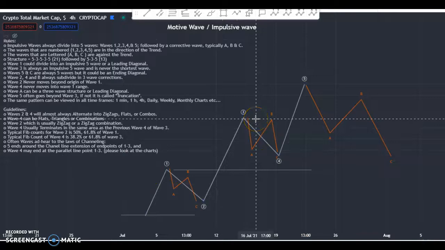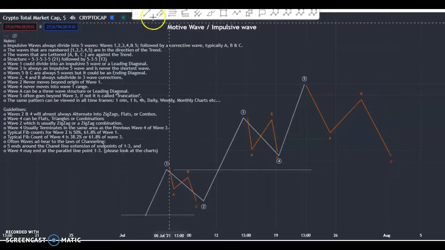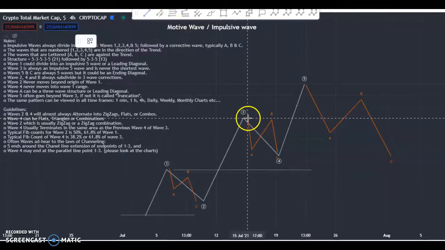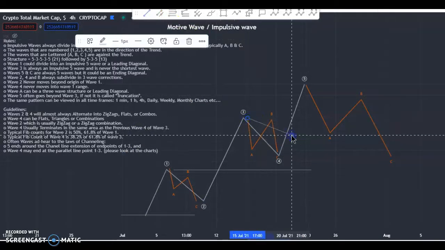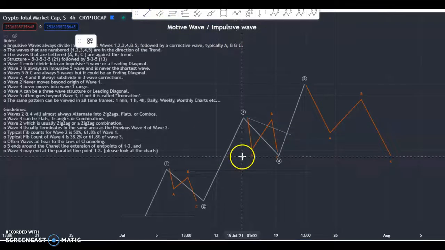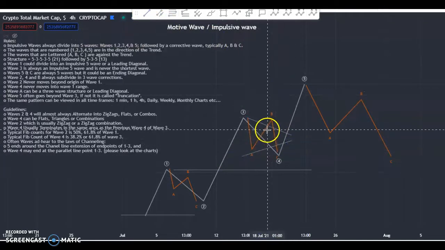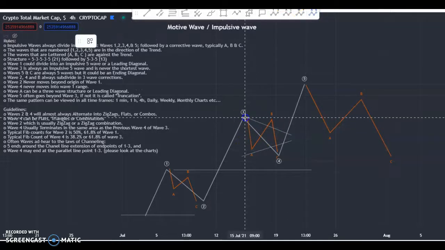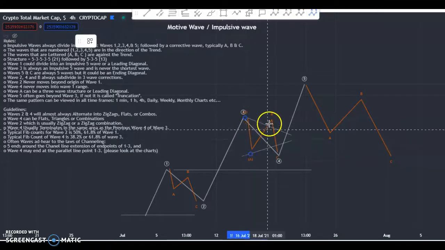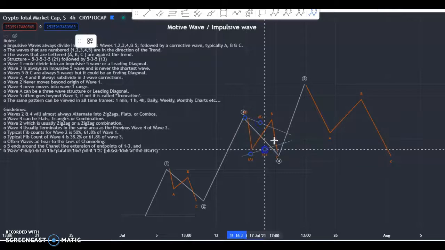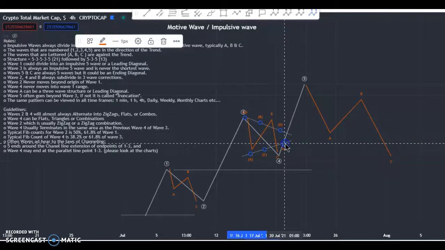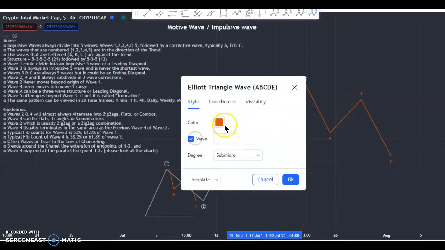Wave 4, I should point out, often becomes a triangle. So you got this triangle situation, and this is very, very common in a wave 4. Now, how does that look? Well, it'll look like this. So we've got 5 waves in there. So you have A, B, C, D, E, and that, let me just change the color there.